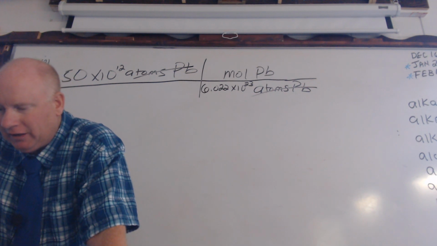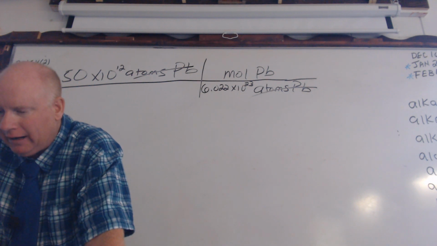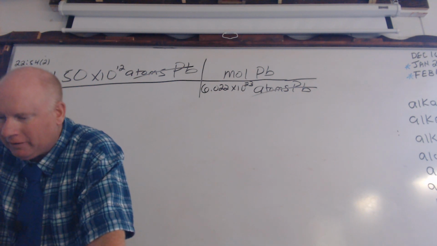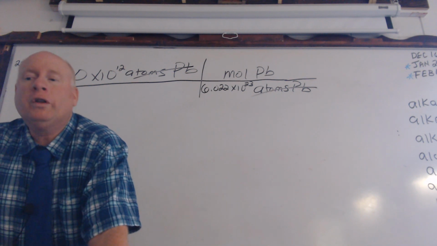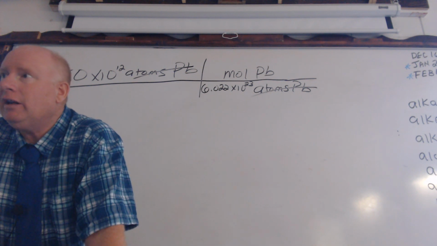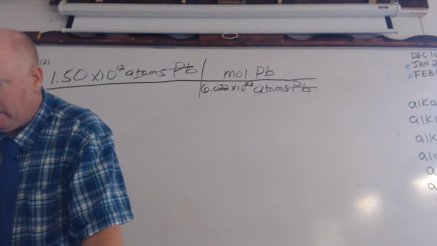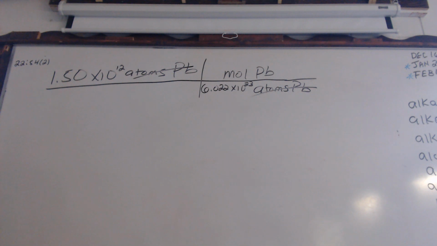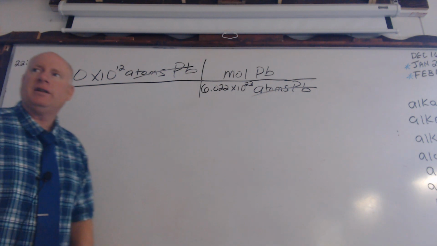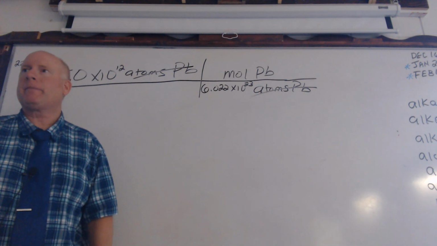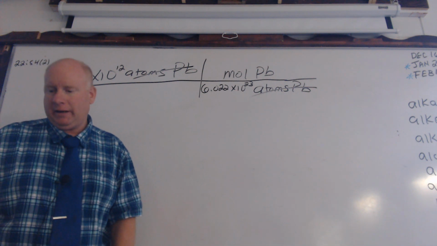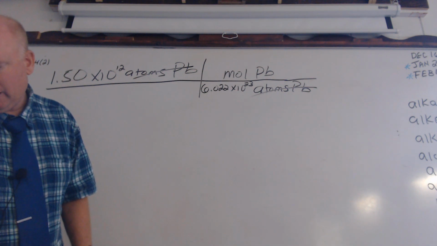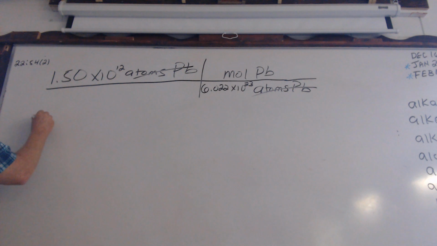What is the mass in grams of 7.5 times 10 to the 15th atoms of nickel? The only place to start is with your atoms of nickel, 7.5. This one's 3 steps. It's not 2 steps, it's 3. So with that, again, we got 7.5 times 10 to the 15th.